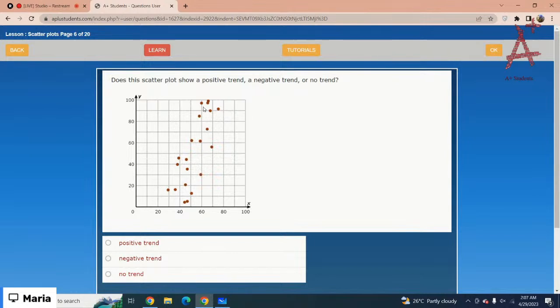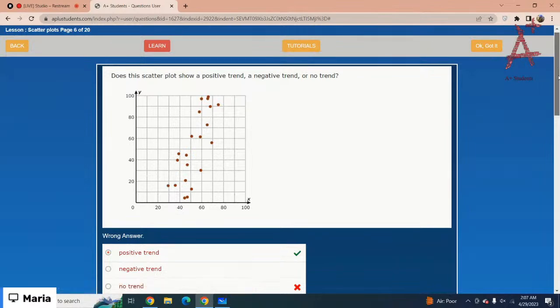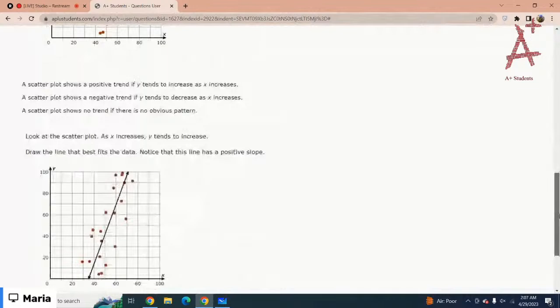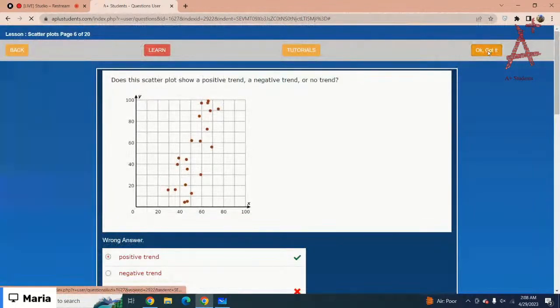Like x is 60, you have no fixed value. So it is 50, it is 60, it is around 80, so it is no trend. Positive trend. Okay, as x increases, y is also increasing, so the graph shows a positive trend.